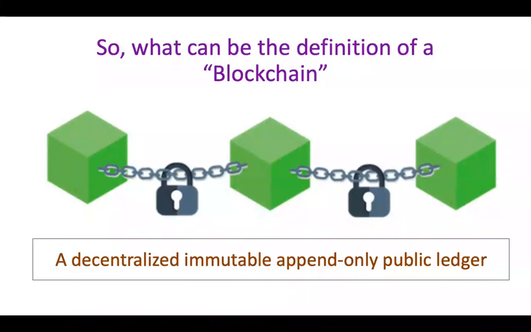Okay, so is it clear what blockchain means? Blocks will be created. Who will create them? Anyone can create, because there is no ownership in blockchain technology. Anyone can create a block.